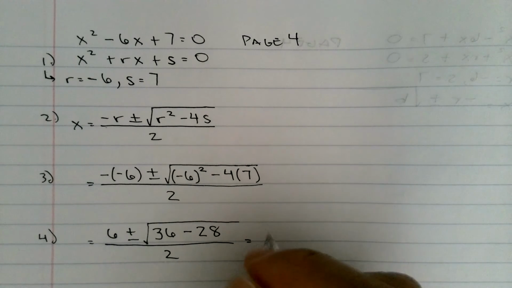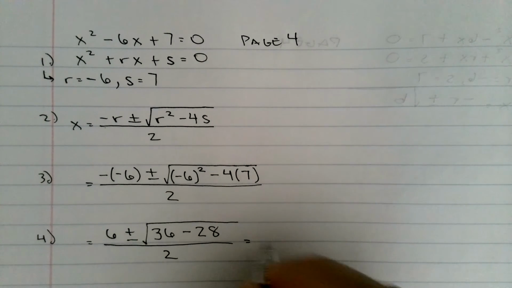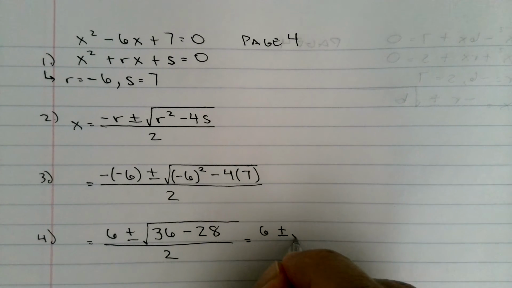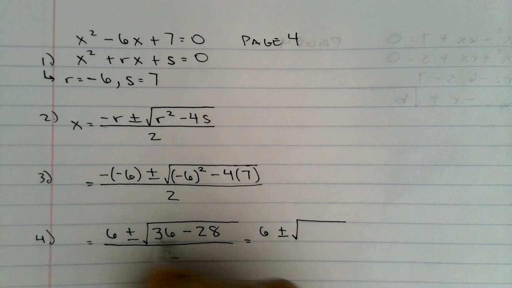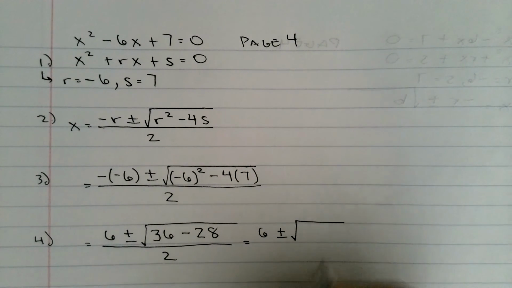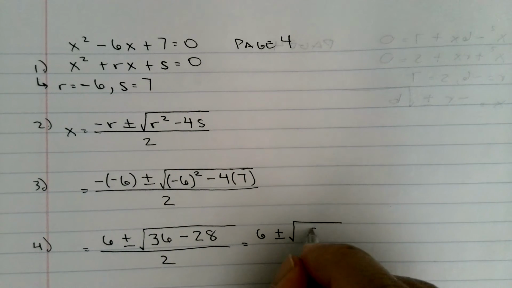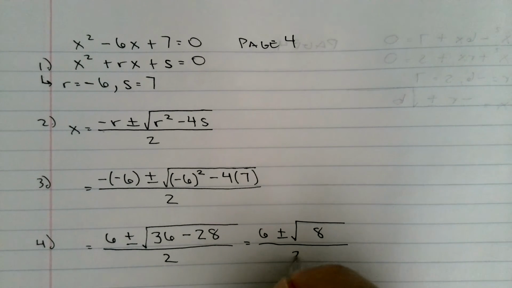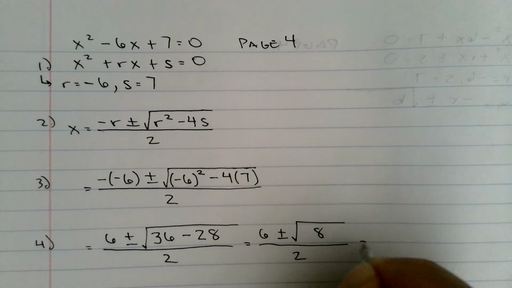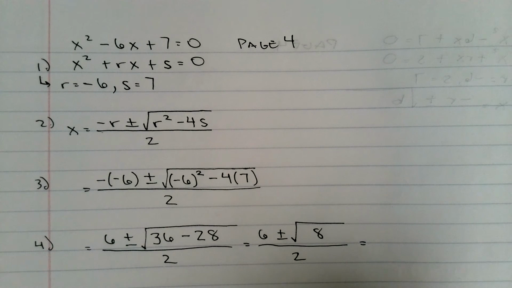In order to continue, we're going to subtract the numbers inside the square root. We have 6 plus or minus the square root of 36 minus 28, which is strictly the number 8. Now at this point, you may be wondering, I can't take the square root of 8 and get a whole number, so what should I do?